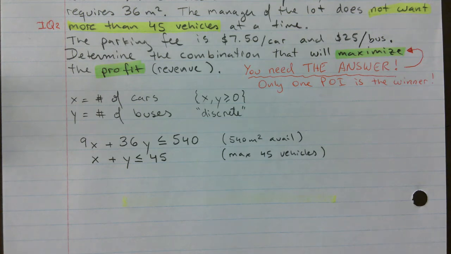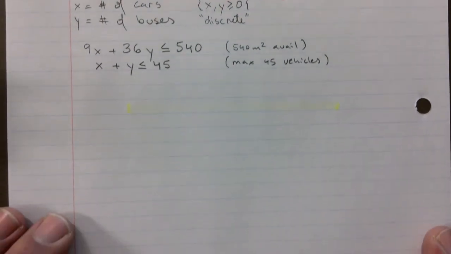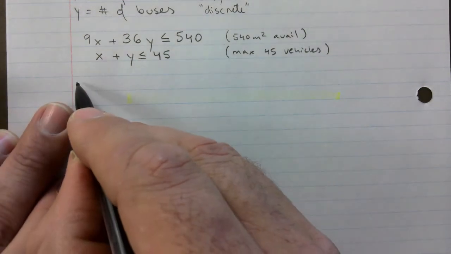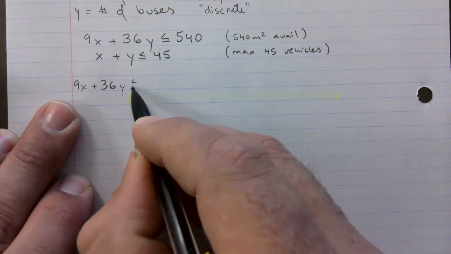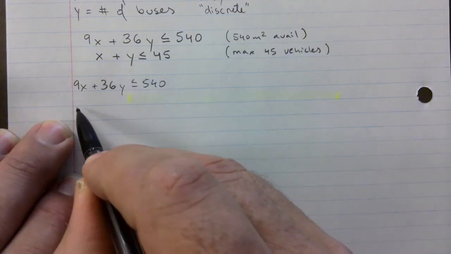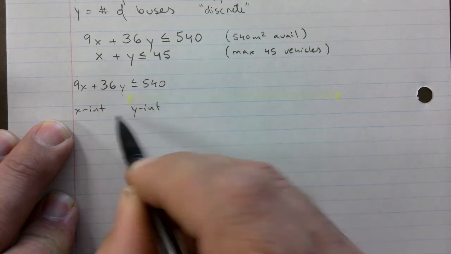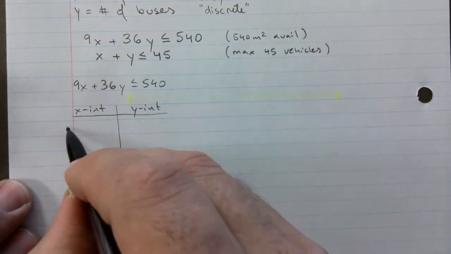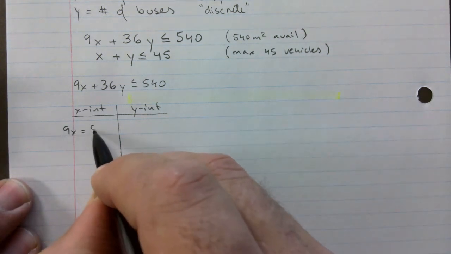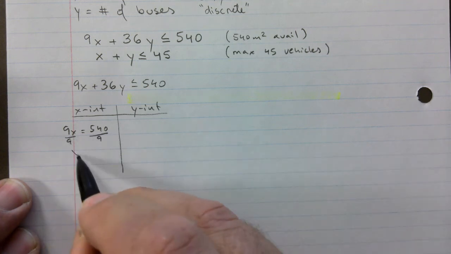Okay, so let's go ahead and graph these things. I will just go ahead and do that right next. 9x plus 36y is less than or equal to 540. I will come up with my x-intercept and the y-intercept. So 9x is equal to 540. Divide both by 9.